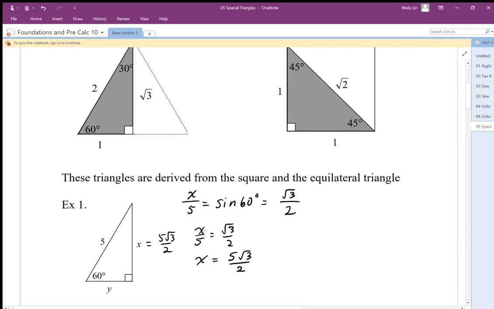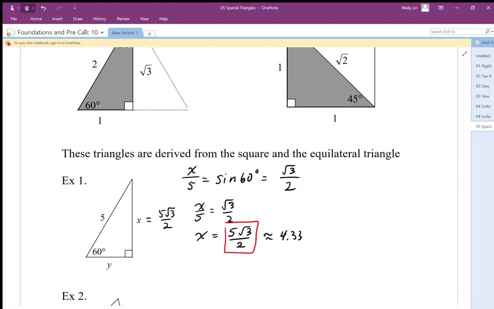And that length is approximately 4.33. The solution we want to give is the exact one. I will accept decimal solutions, but really what we want is the exact value solution. When we're dealing with these special triangles, you're going to have to keep your answers in exact values.